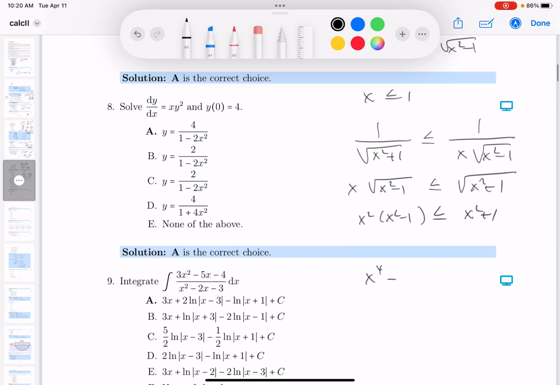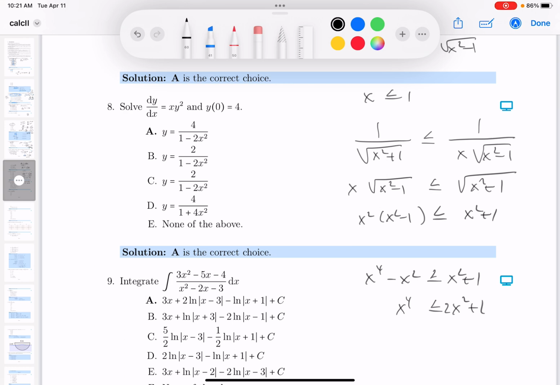What do you get there? x to the 4th minus x squared plus 1. So you get x to the 4th, and then 2x squared plus 1. And by the way, this is not true either. Looking at that, x to the 4th is going to overpower x squared plus 2x squared plus 1 at some point.